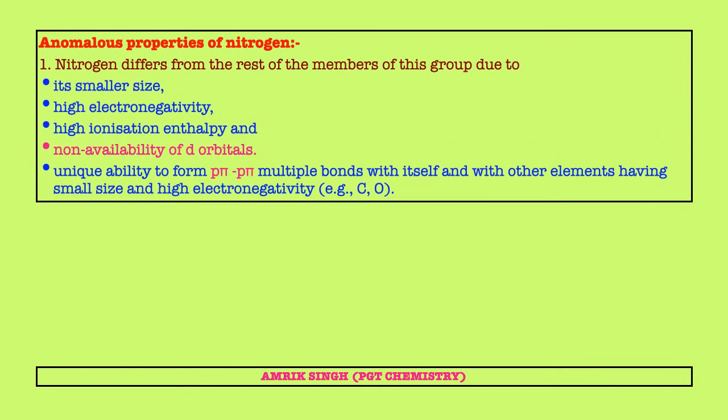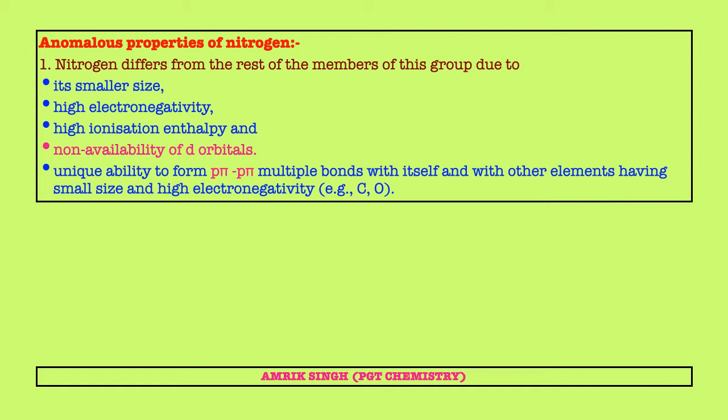Now, anomalous properties of nitrogen. Nitrogen shows anomalous behavior, that is a different behavior from the other members of the family. Why does it do so? It is due to the following reasons.